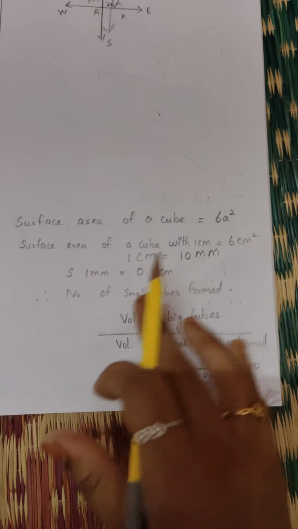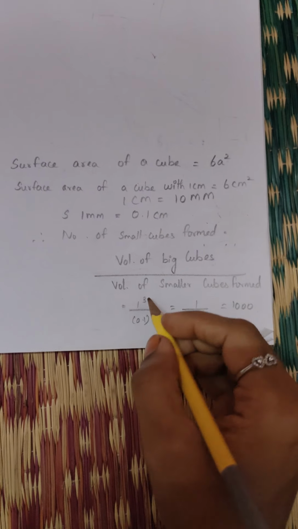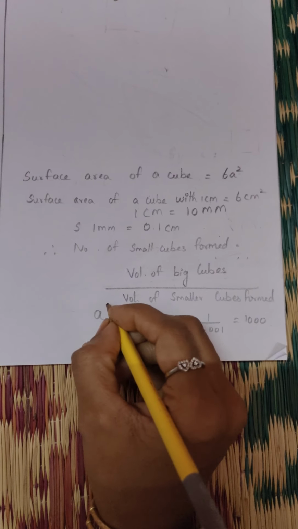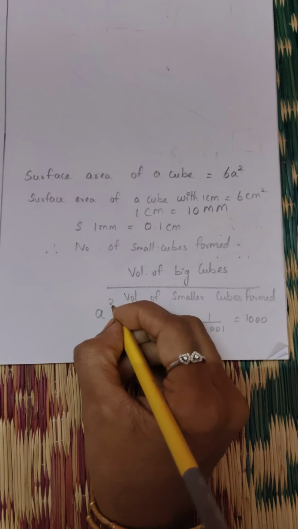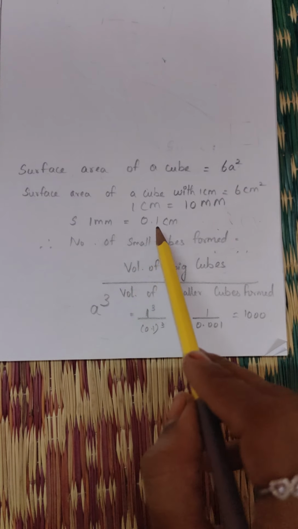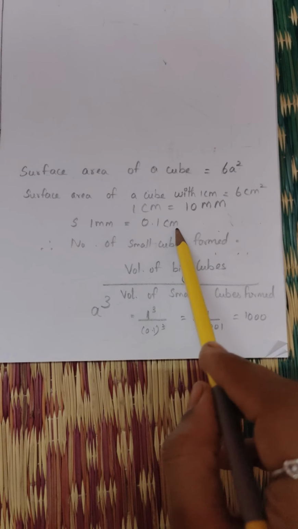How many small cubes will be formed? We will calculate this by the volume of the big cube divided by the volume of the small cubes formed. The volume formula is a cubed. So the side is 1 centimeter, so 1 cubed, divided by 1 millimeter, which is 0.1 centimeter.